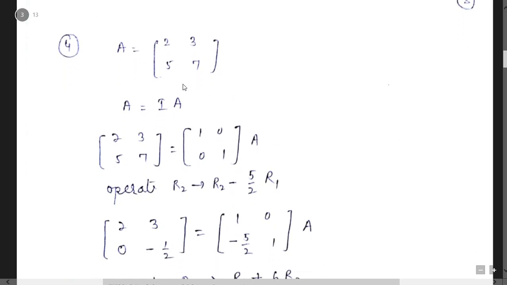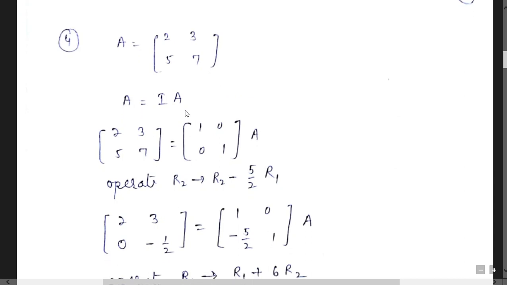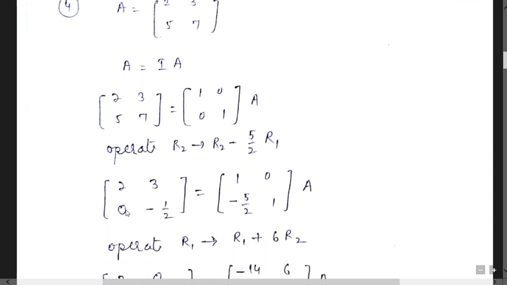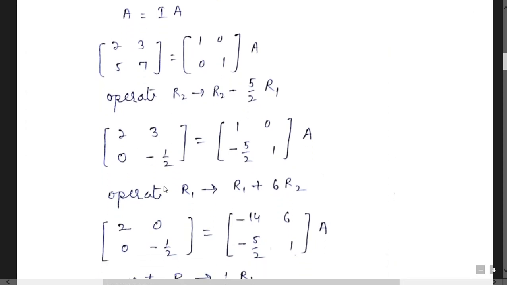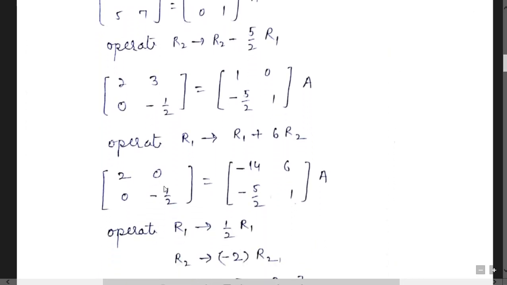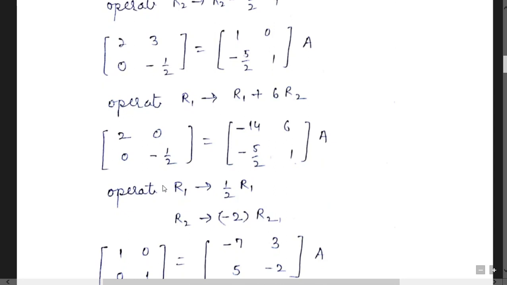Similar is the case in question number 4. It's a similar question. A is equal to I into A. Then again convert the secondary diagonal elements into 0. You can design the matrix easily.